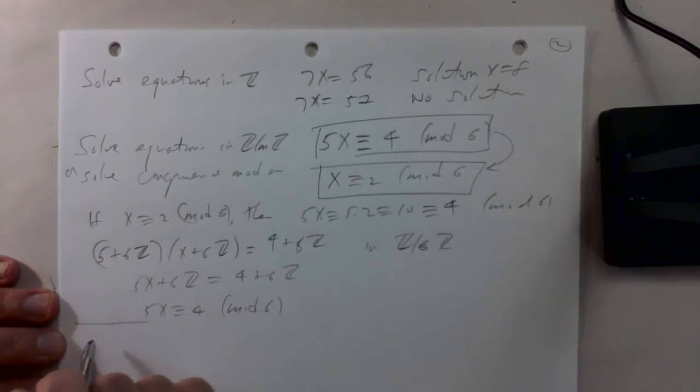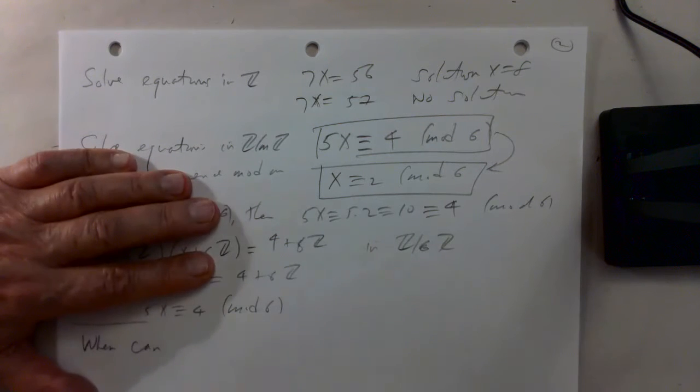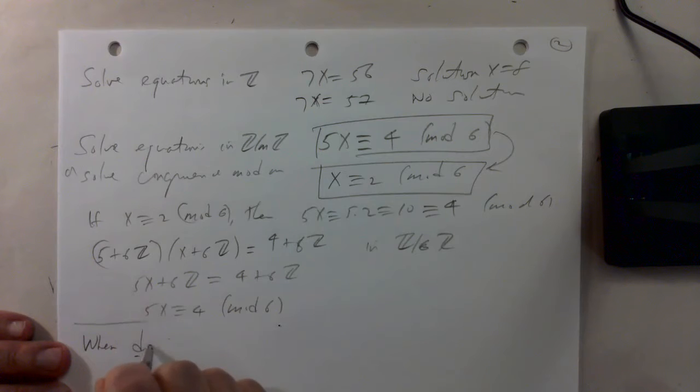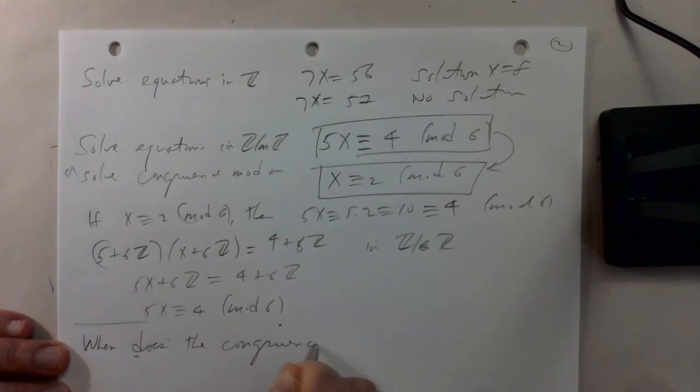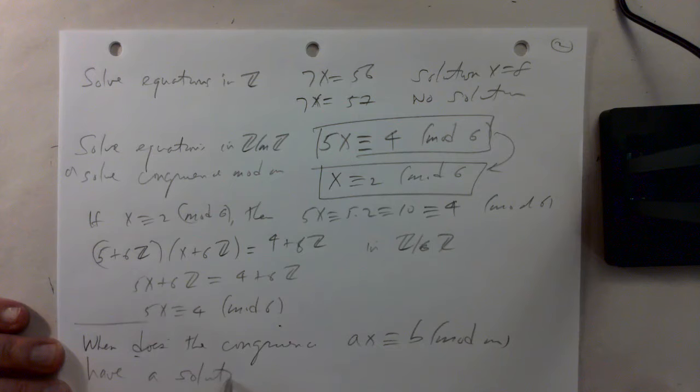So we can pose the following problem. When does the congruence ax congruent to b mod m have a solution?